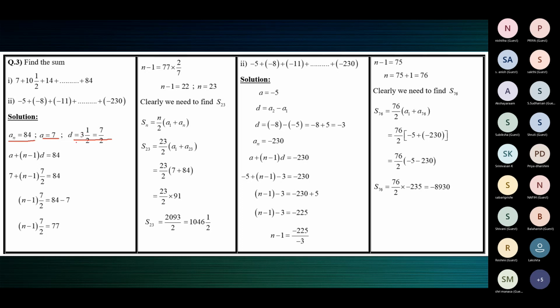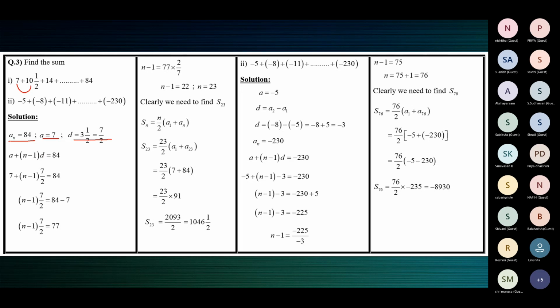How do you get 3.5? 10.5 minus 7. Common difference is a2 minus a1. 10.5 minus 7. All of us know that, right? It is 3.5, which is 7 by 2. D is 10.5 minus 7, which is 3.5 or 7 by 2.